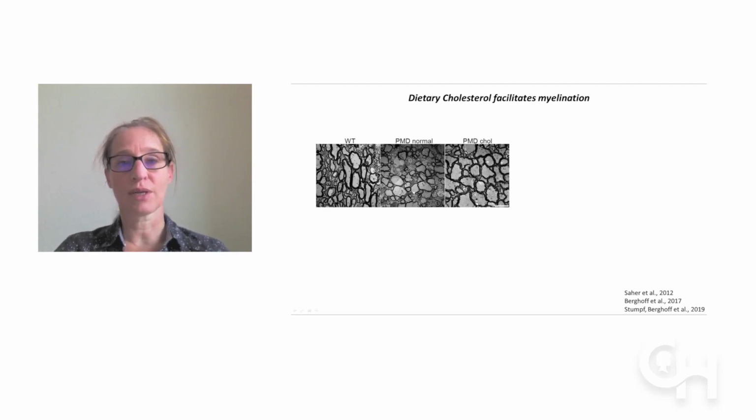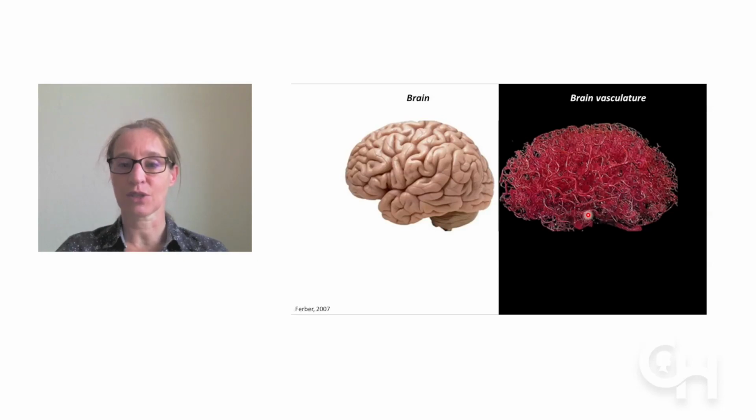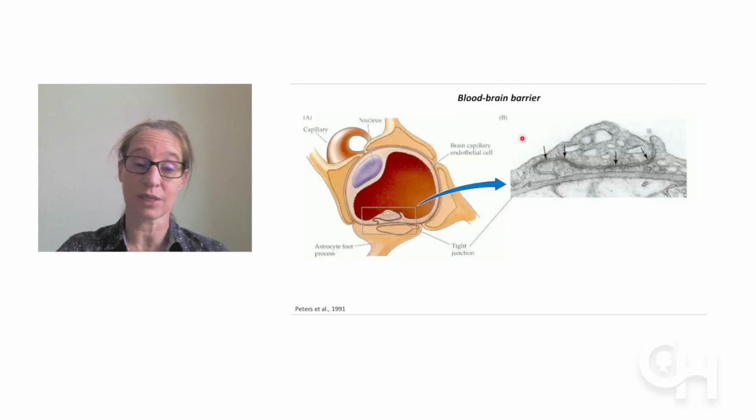But how does this cholesterol really reach the myelin sheath and the oligodendrocytes? In the brain, of course, you need the entire brain vasculature to transport components of the diet towards the brain. But there is a limitation in the transport of external substances to the brain, for good reasons, and this is the blood-brain barrier.